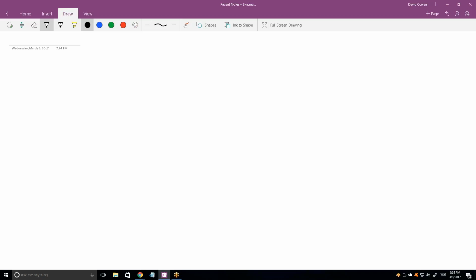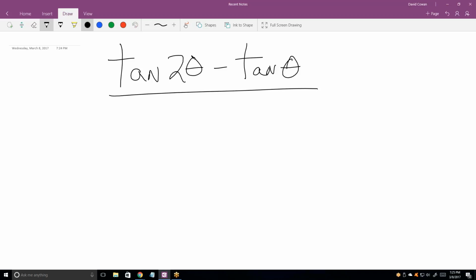Okay, so the next one is to simplify each expression. The first one is tan of 2 theta minus tan of theta, all over 1 plus tan of 2 theta tan theta.